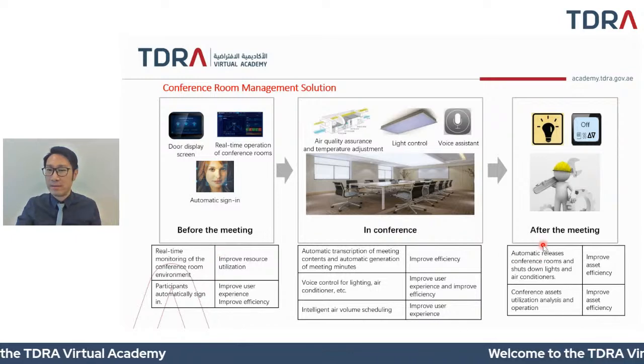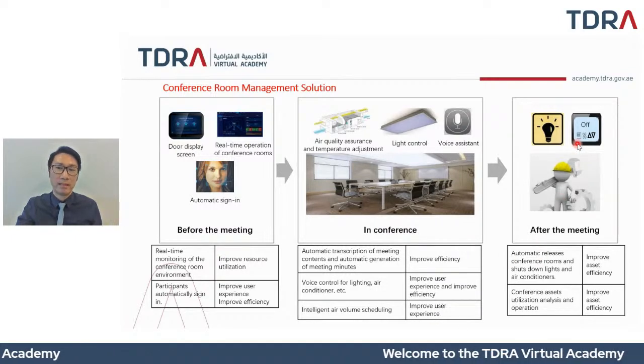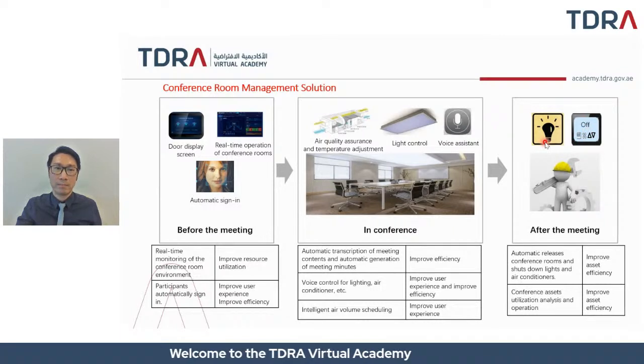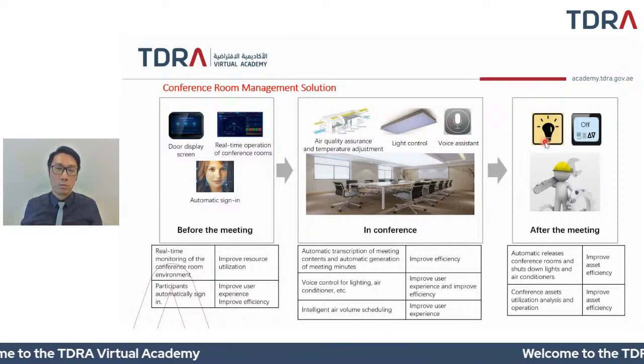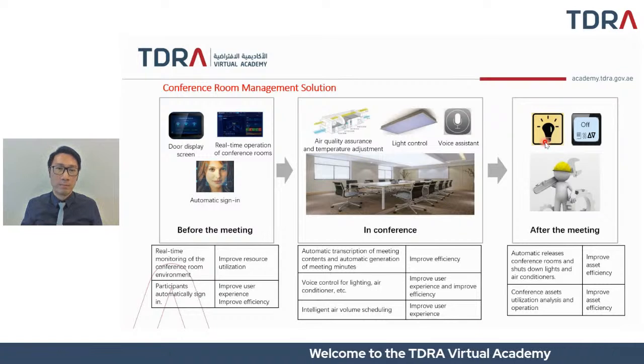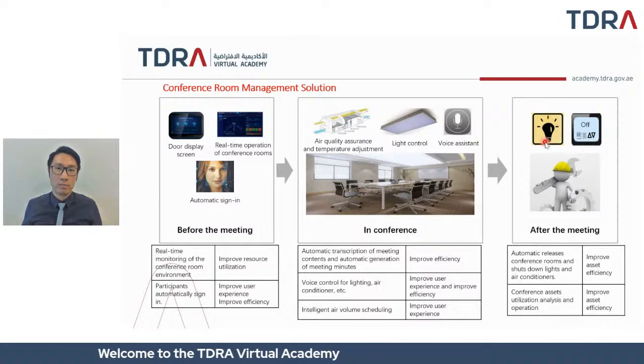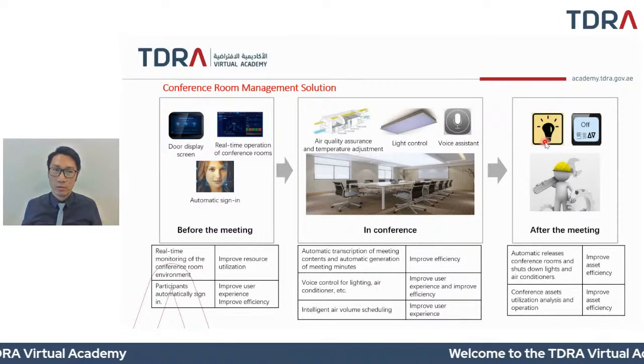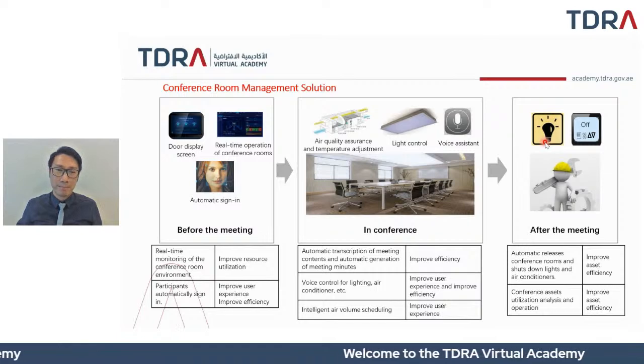And after your meeting, they will automatically switch off the air conditioner and the lighting. So this is a very efficient way to control the environment, to provide a good environment for you, and at the same time, saving energy. So these are some intelligent solutions for the campus.